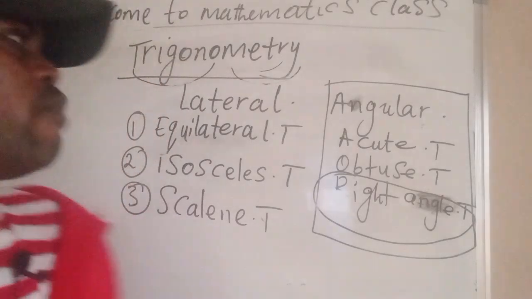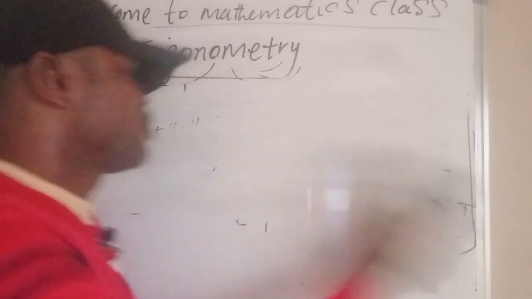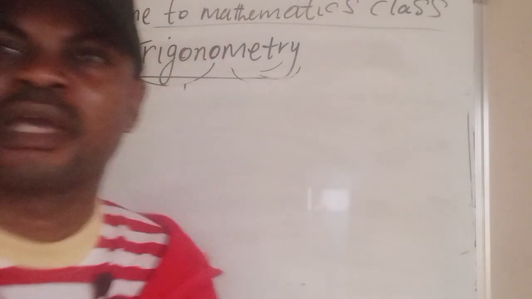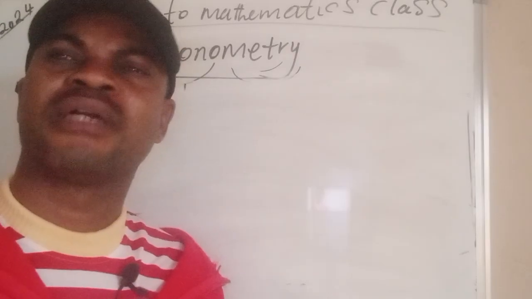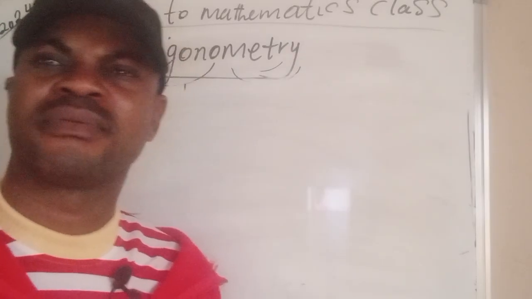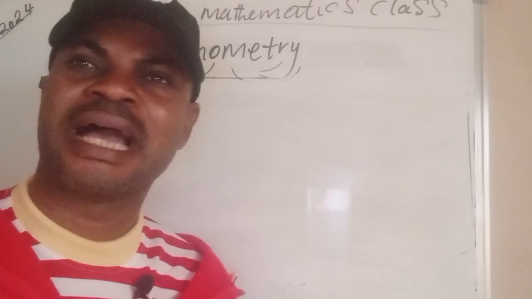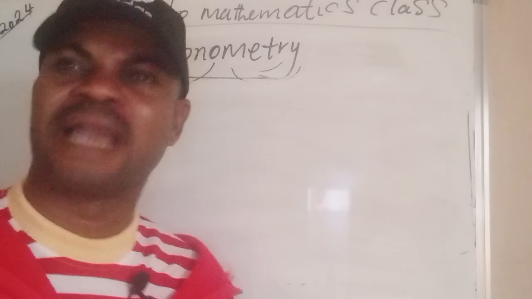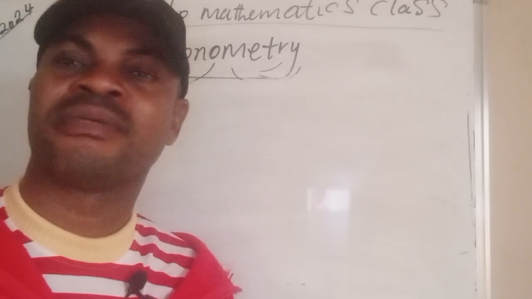But for now, we're going to focus on what we call the angular. What is the solution we can use to resolve when it comes to the acute triangle as well as the obtuse triangle? Remember that the acute triangle is simply a triangle that has none of its angles up to 90. Then when it is angle 90, it's a right angle triangle.